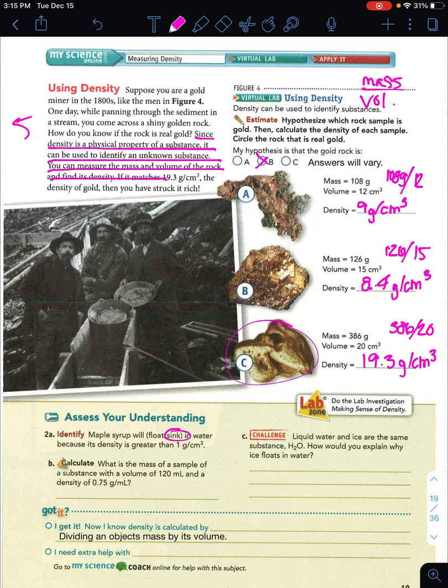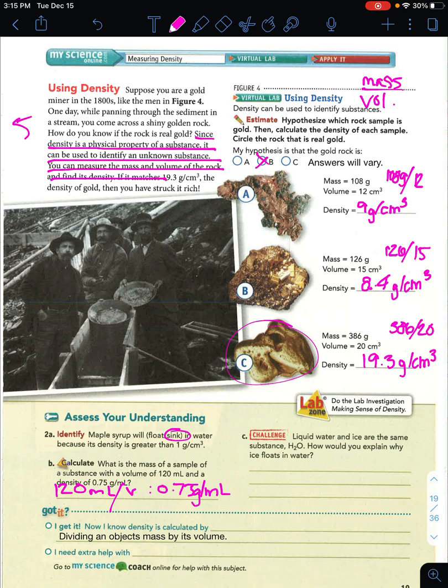And finally, what is the mass of a sample of a substance with a volume of 120 milliliters and a density of 0.75 grams per milliliter? Now remember, I have to take my mass divided by the volume, and that's going to give me 0.75 grams per milliliter.